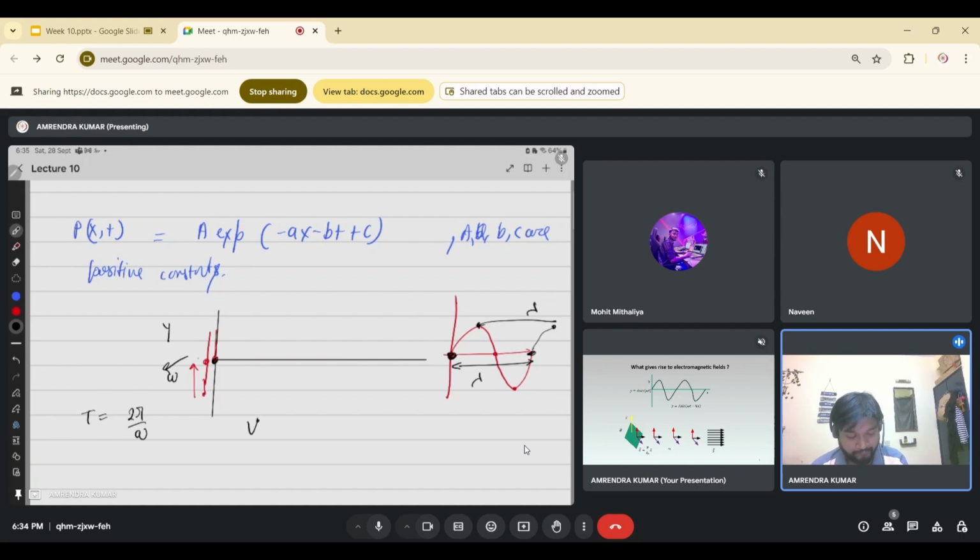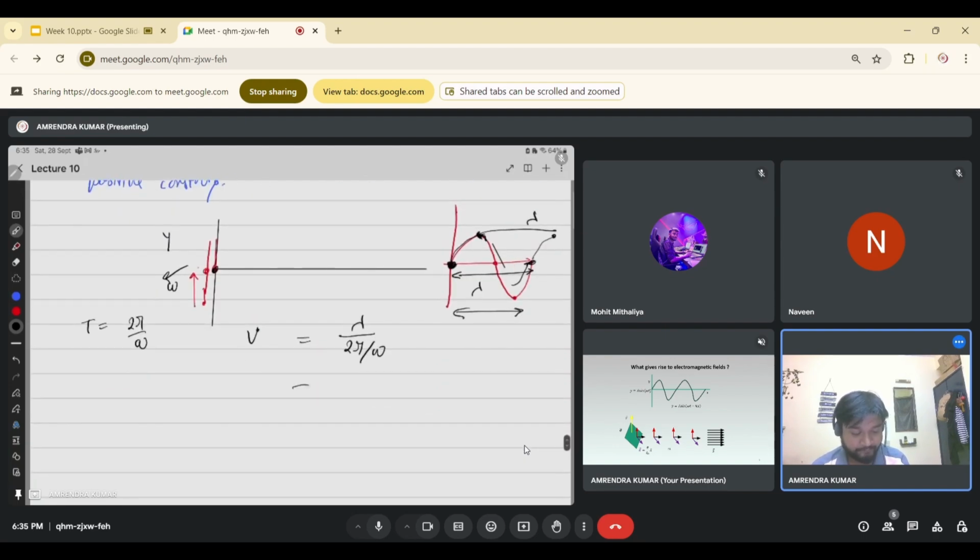Now, if you want to calculate the velocity of this excitation, what you can do is take the distance lambda and the time it took to excite from here to here and then come back to here. The time taken was one whole cycle, 2 pi by omega. The omega is nothing but 2 pi mu.